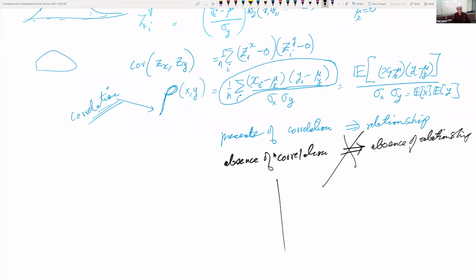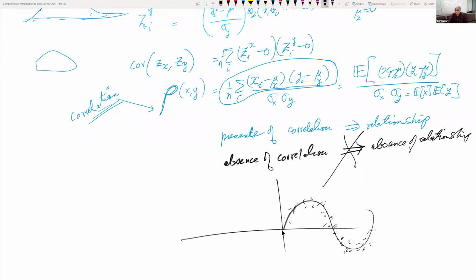So take any function that sort of turns back onto itself. For example, a sine wave, if your data is like this. Just visually inspecting it, you can tell that there is a relationship.